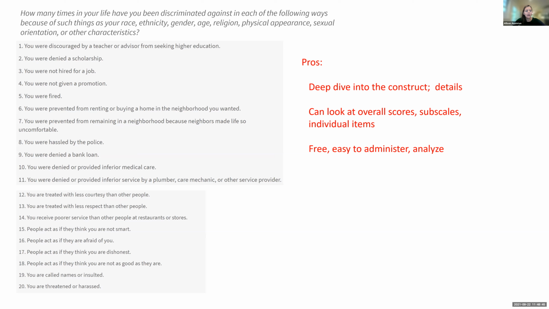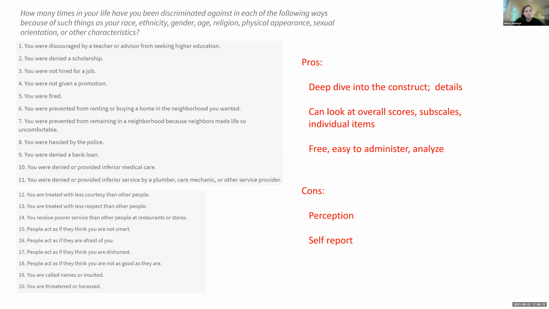You can get at a lot of different components of what it is to experience discrimination. You get into the details. In this example, there are subscales, there are different reasons for the discrimination. You can look at your overall score, you can look at the individual items. And again, this is another scale that's free, relatively straightforward to administer and analyze.